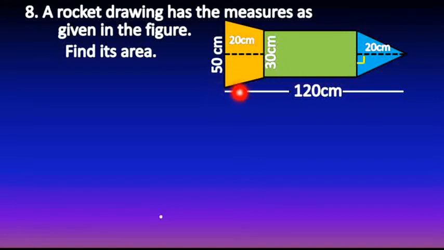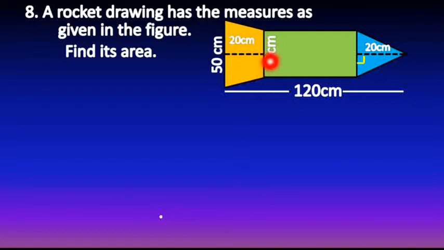Now here the total length of the rocket is given as 120 centimeters. And in the trapezium, these are the two parallel sides. You can see here 50 centimeters and 30 centimeters. These are the parallel sides of this trapezium. And this is the height of this trapezium, which is 20 centimeters.